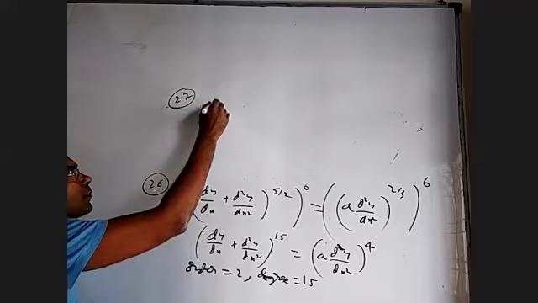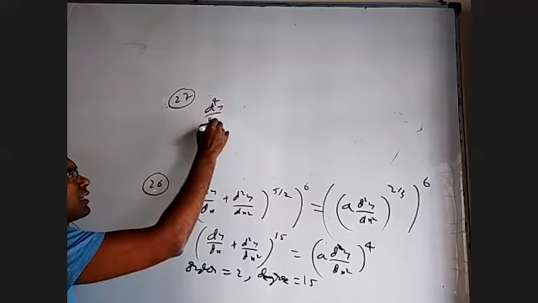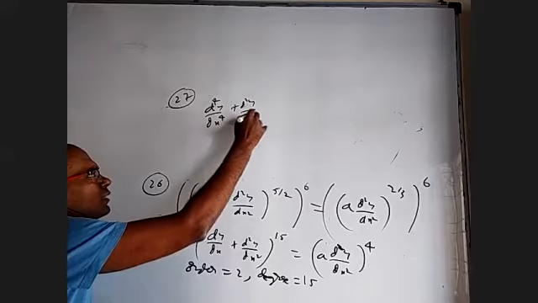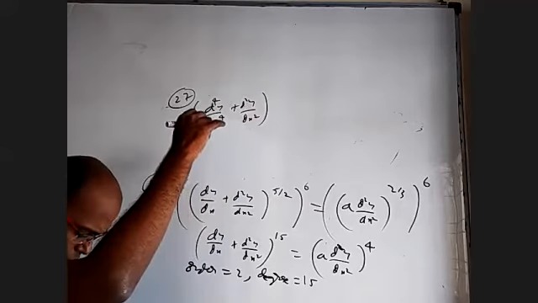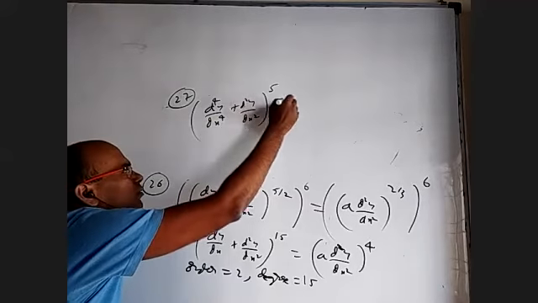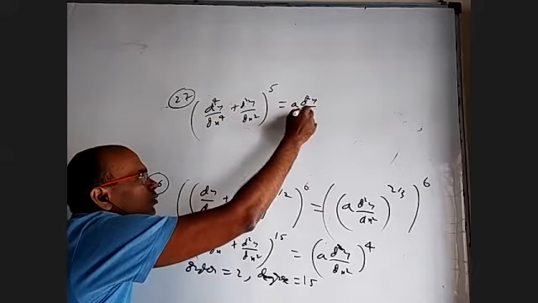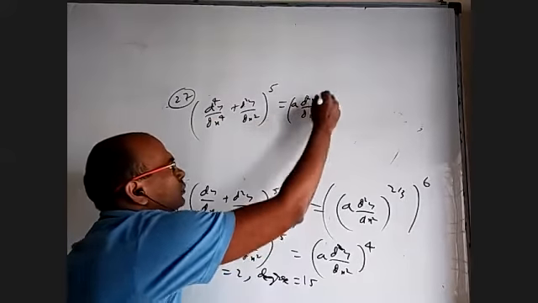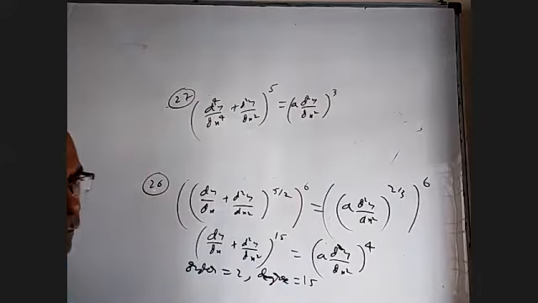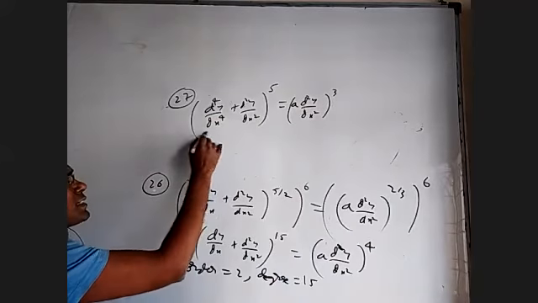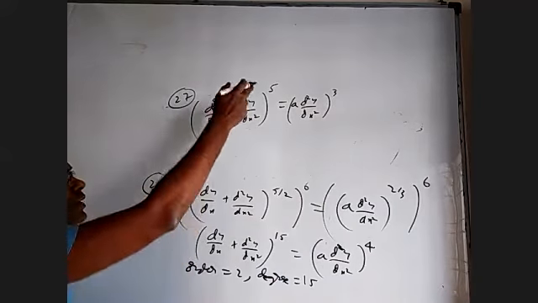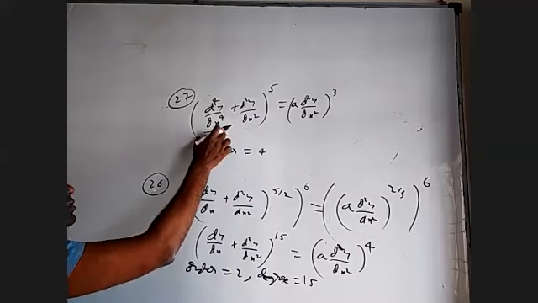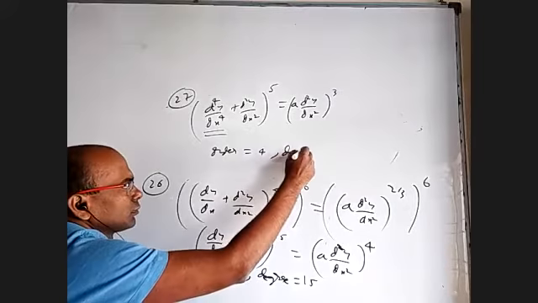We are going to get (d⁴y/dx⁴ + d²y/dx²)^5 equal to a (d²y/dx²)³. The highest order term is this, and the power of that is that. So order 4, and when I expand by the binomial theorem, the highest power of this becomes 5, so degree 5.